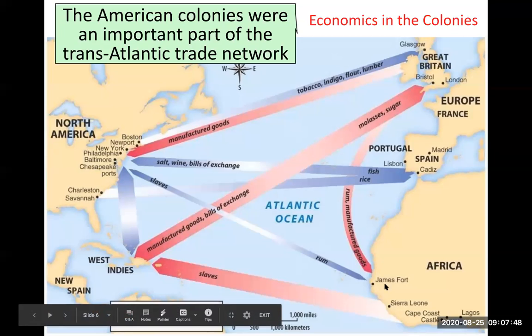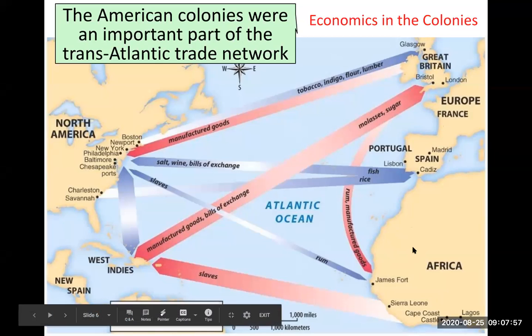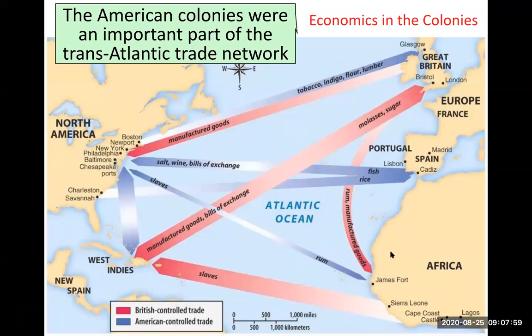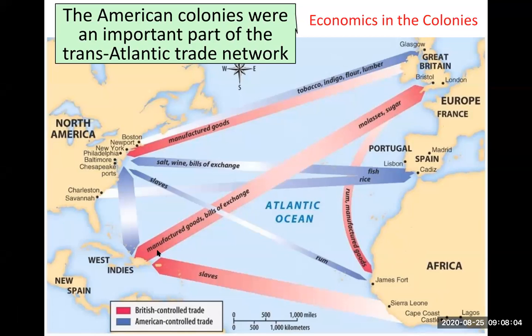In terms of Africa, what does Africa play in this triangular trade? That is slaves as labor. White Europeans come into Africa. They will take Africans captive and put them on a boat. We're going to watch a short video today, just a clip, where it talks about how typically slaves were brought first to the West Indies, where they were, and I'm doing air quotes if you can see me, seasoned, meaning that they were put through absolute hell in order to break them.